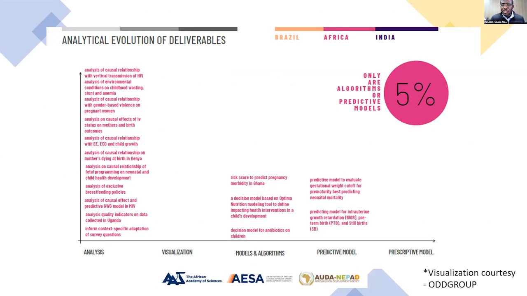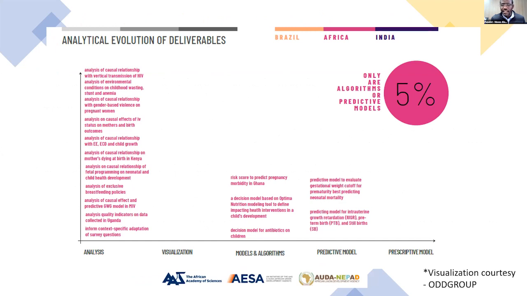in a way, the continuum of development of data science, then you actually realize that most of the work currently being done in MNCH on the continent, as visualized by the African Academy of Sciences, is actually skewed towards analysis.